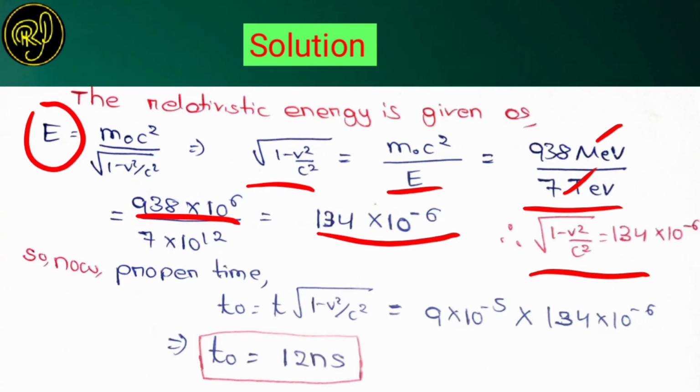Hence proper time t0 is equal to 9 into 10 to the power minus 5 multiplied with 134 multiplied with 10 to the power minus 6. On solving this, you get t0 is equal to 12 nanosecond.